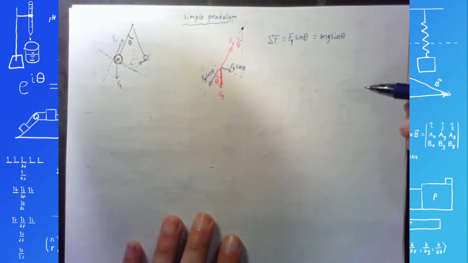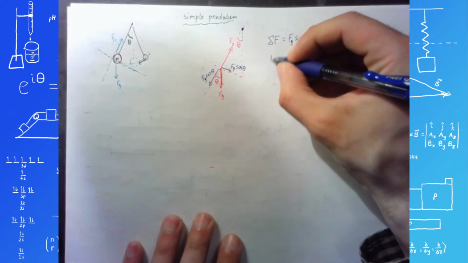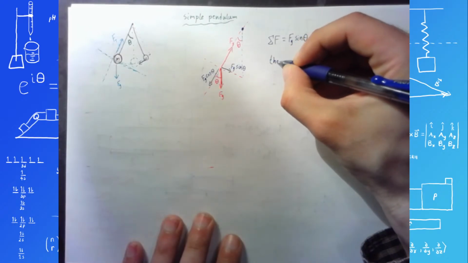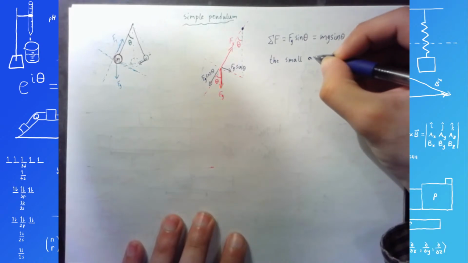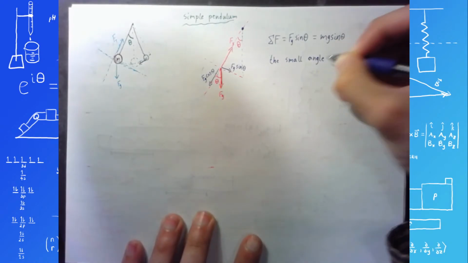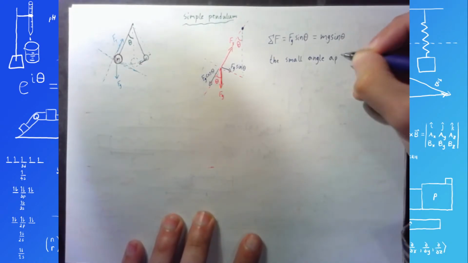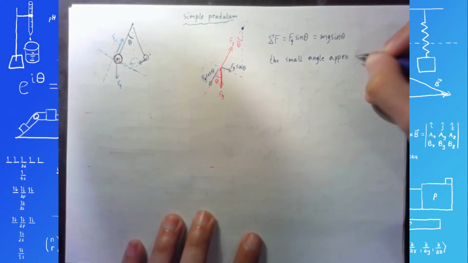That's not quite the same thing, but there's this trick from calculus called the small angle approximation. And those of you in Calculus BC who have learned your Taylor series expansions of sine of theta already know how this works.